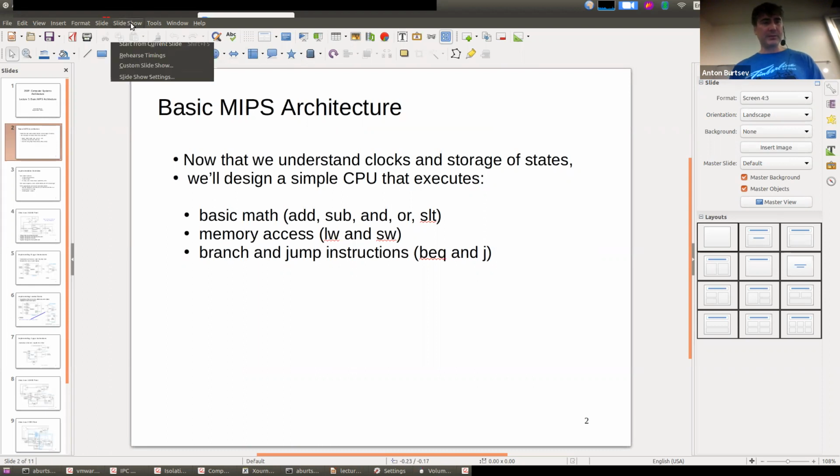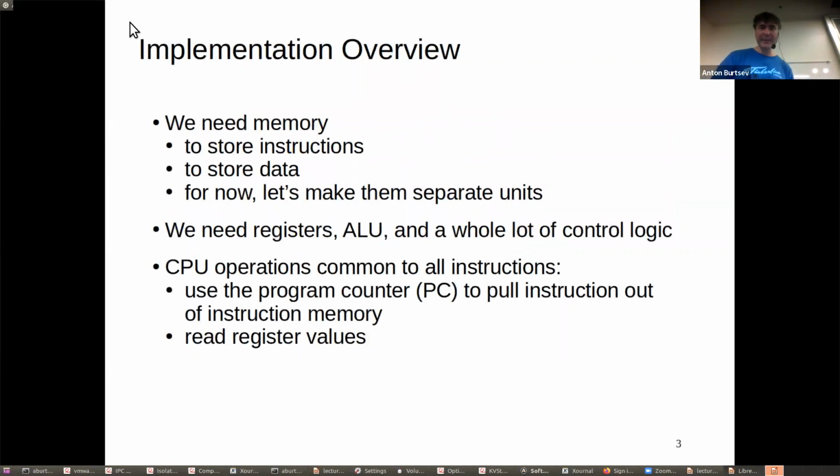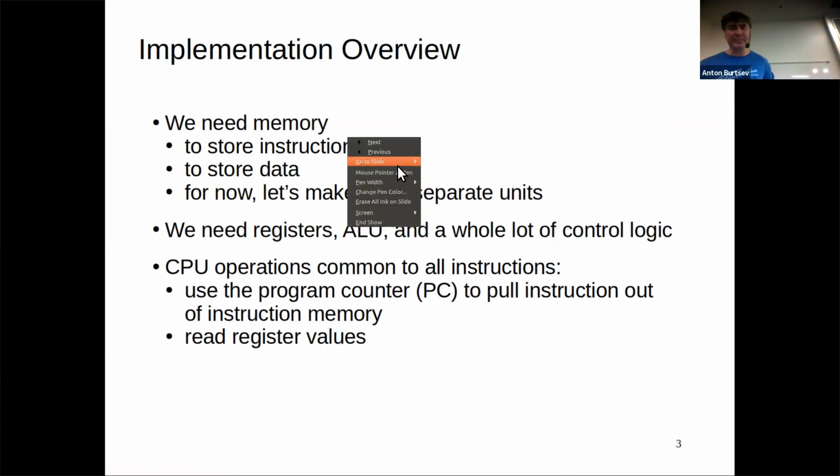Okay, let's take a look at how we can build an actual machine which executes the instructions which we want, right? So what we need to do is we need memory, right? Actually, I didn't explain how to build memory, so maybe I will try to explain next time.